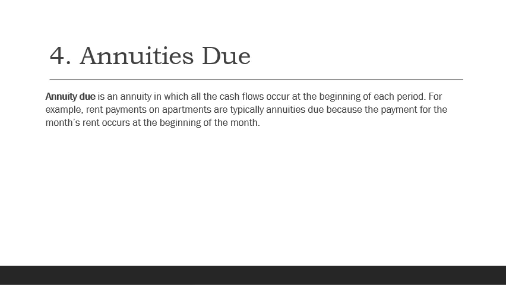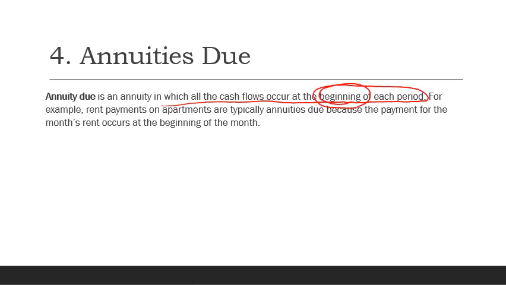Okay, the two previous examples of annuity illustrate the case of ordinary annuity. While, as I explained previously, annuity due is an annuity in which all the cash flows occur at the beginning of each period.